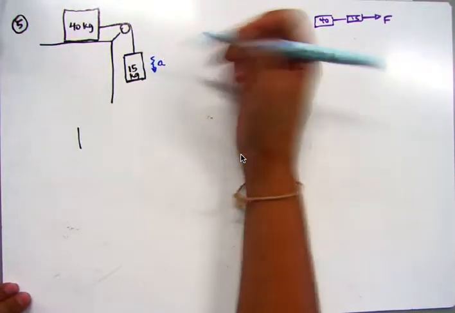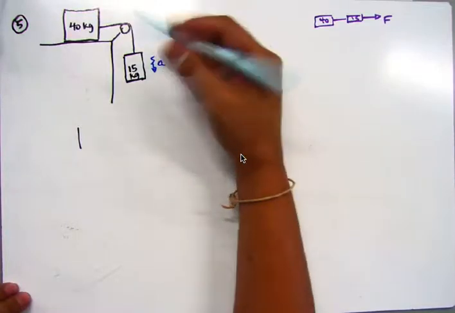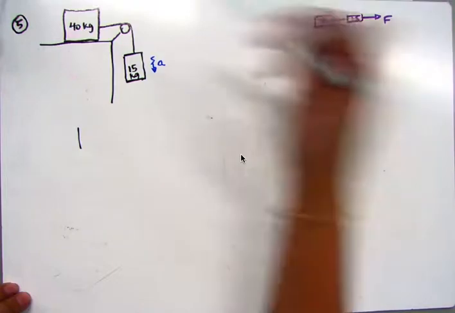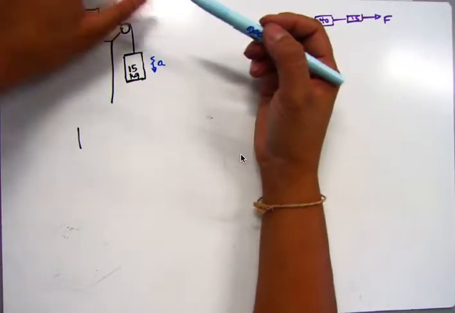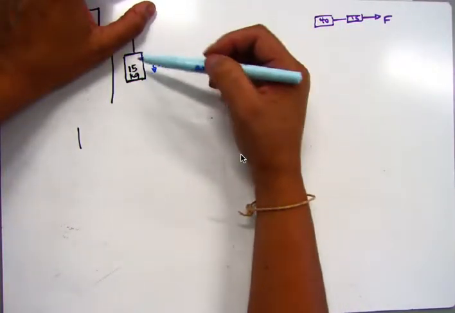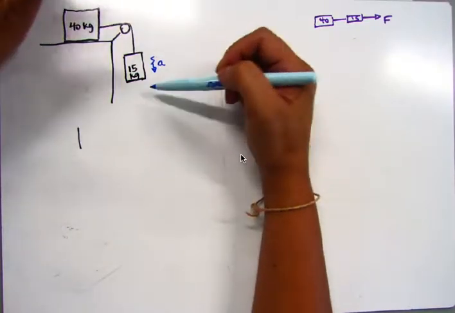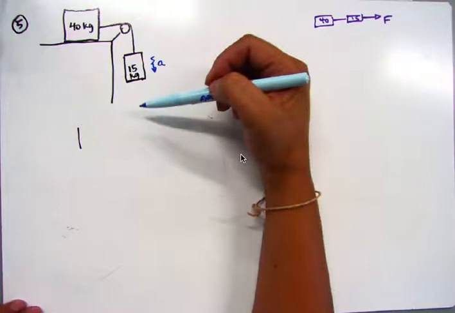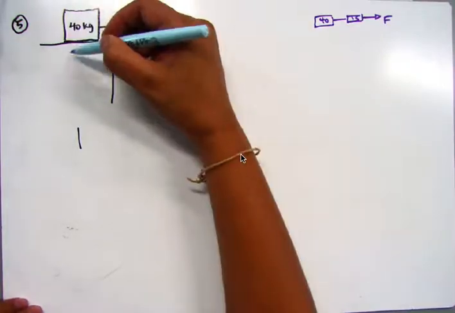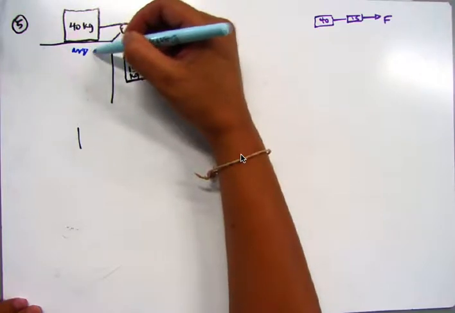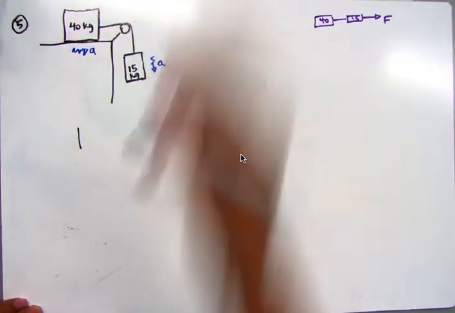Now, it does not accelerate at 9.8 because it's got the inertia of this 40 kilogram block holding it back. If there was no rope here and it was just the 15 kilogram, a would be just g. But because it's accelerating the whole mass, it's accelerating at less. But whatever that acceleration is, it's the same for both the 15 kilogram and the 40 kilogram.